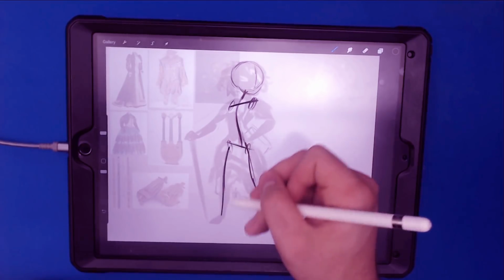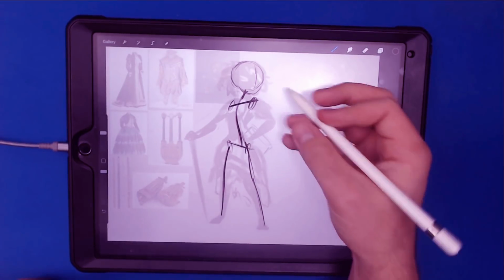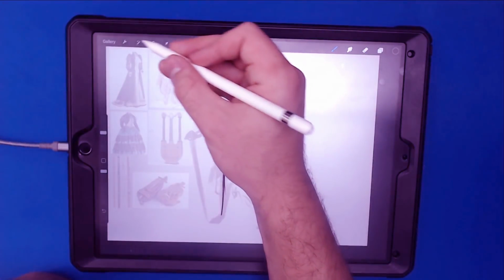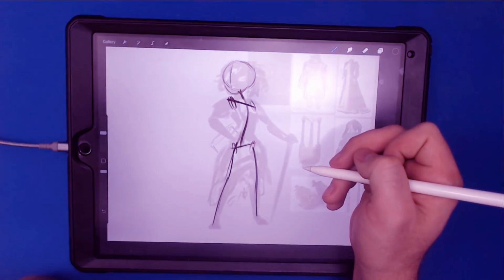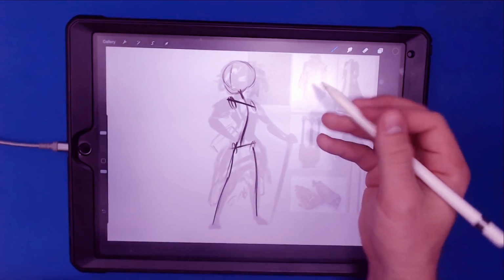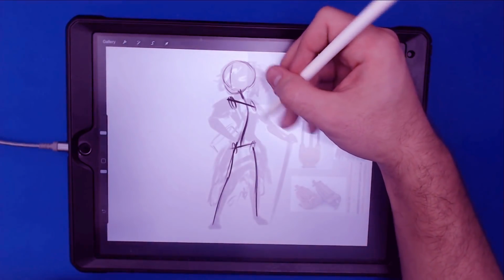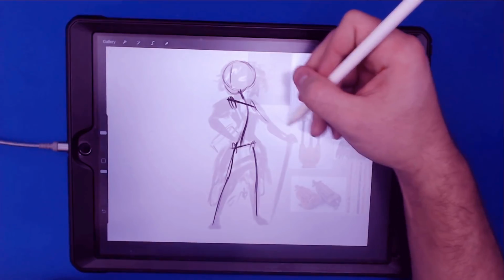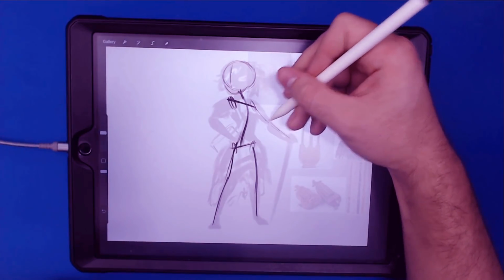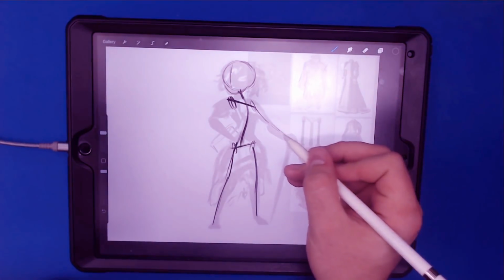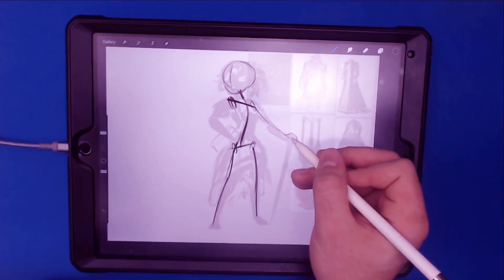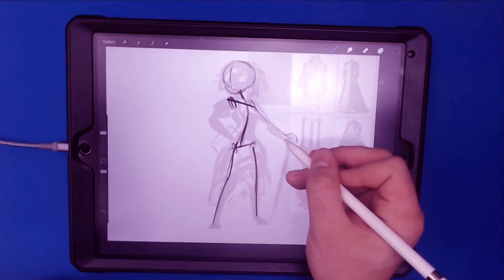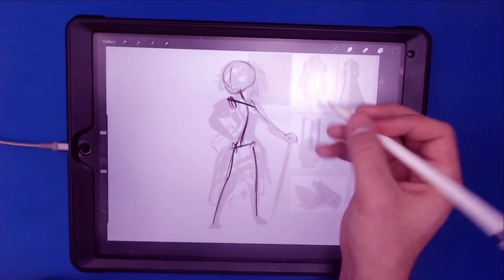I'll do some flipping to sort of audit myself to make sure this is looking good. Let's flip the whole image. Not bad. We'll just bring this arm out here and tilt our wrist up like that for now.